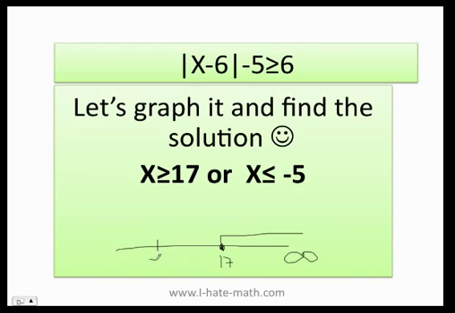Then I have here negative 5, and that tells me that the values are less than or equal to negative 5, and again another dot, because you need to include it. I want all the numbers that go from negative infinity, remember, negative infinity and infinity are always in parentheses, comma, negative 5. I put a bracket because I'm including it. Union, bracket, 17 to infinity.